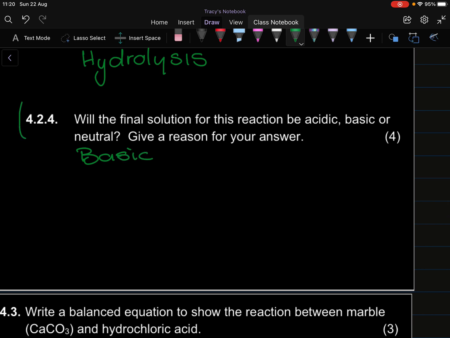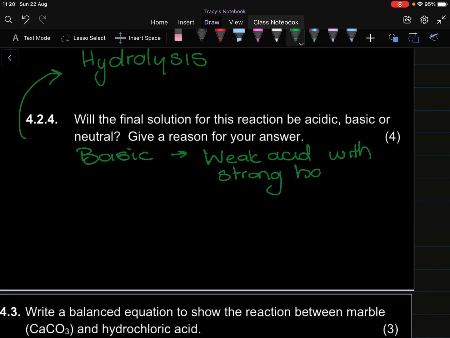Alright, I've asked you about hydrolysis. So what we have here is we have a weak acid with a strong base. So that's the first thing. So we know we'll get a basic salt. Okay, but the oxalate ion, the (COO)2 2 minus, will react with water.